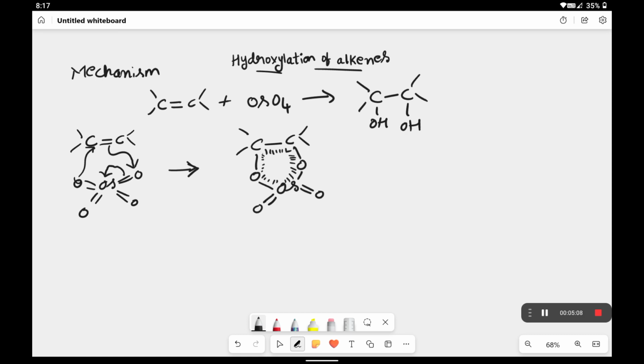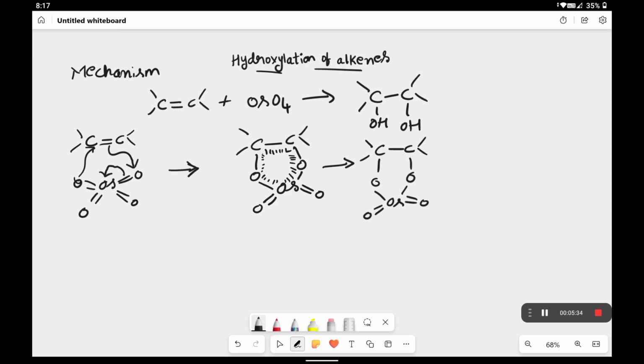And this cyclic intermediate is possible to isolate, that's why they proposed this mechanism. This is the exact cyclic intermediate that is formed.